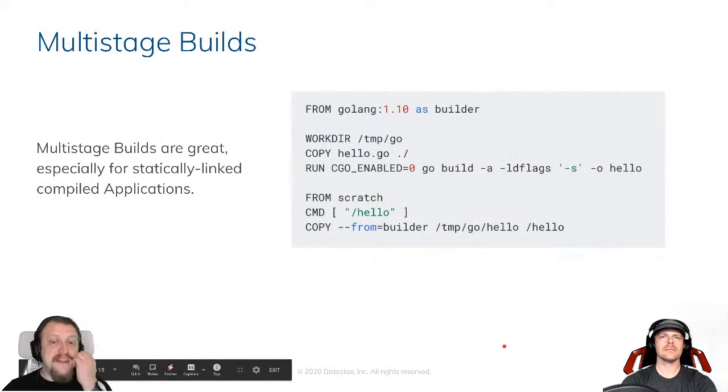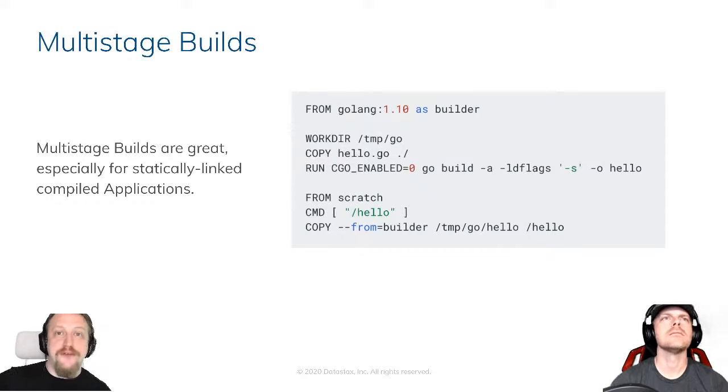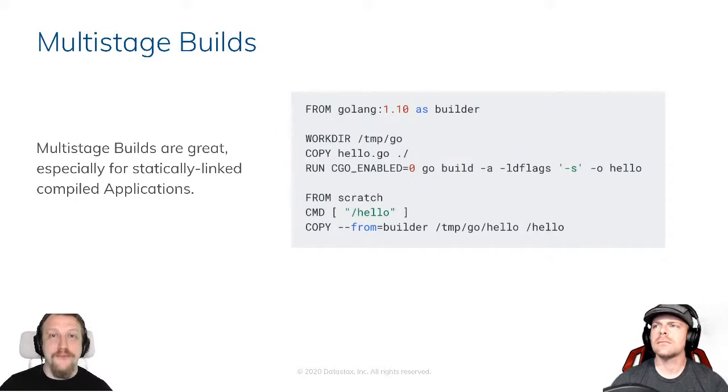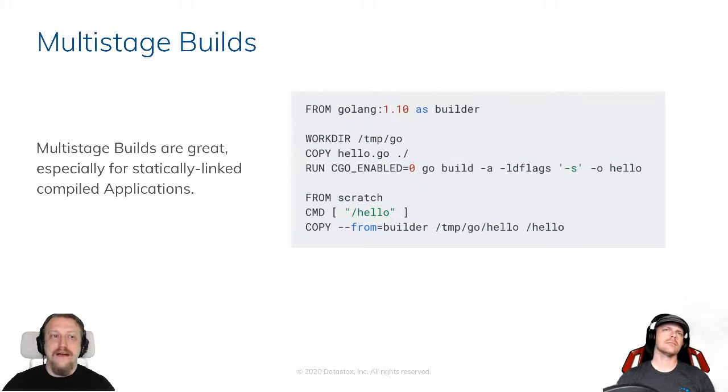Good. Now, a sweet one. Multistage builds. Multistage builds, that's incredible. That's something new. Well, not so new, but yeah, it helps really a lot. Multistage builds allow you to use different base images at the different build steps of your Dockerfile.